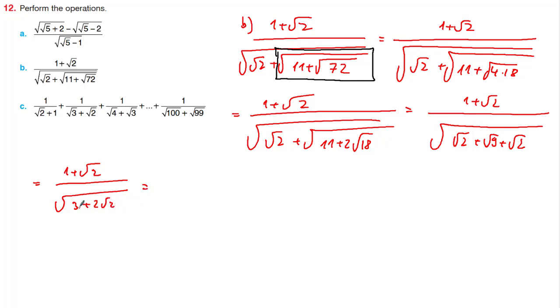Give me two numbers that add up to 3 and multiply to 2. Those two numbers are square root of 2 and square root of 1. And here, 1 plus square root of 2, which is the same expression, cancels, so it's just 1.